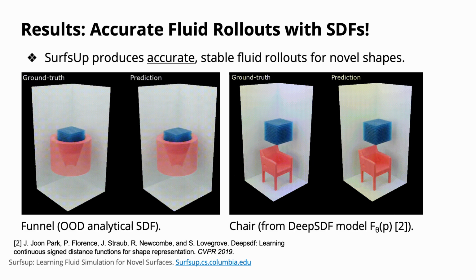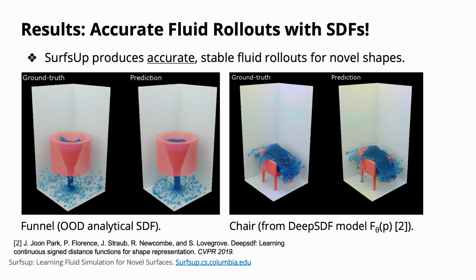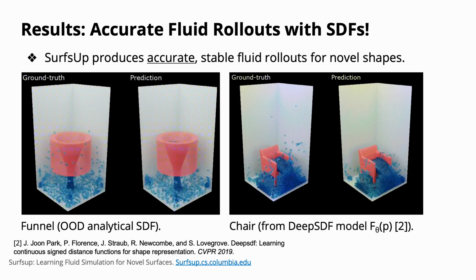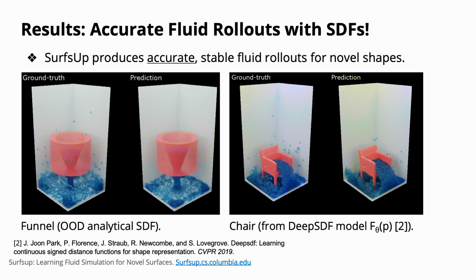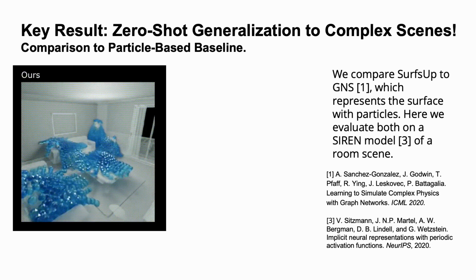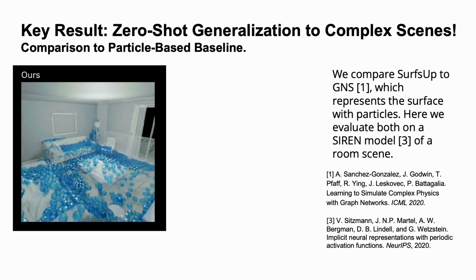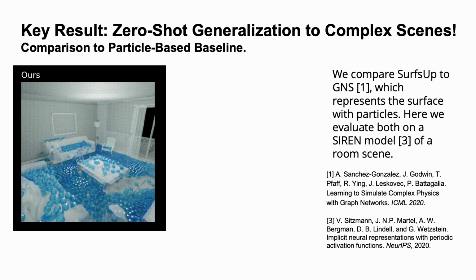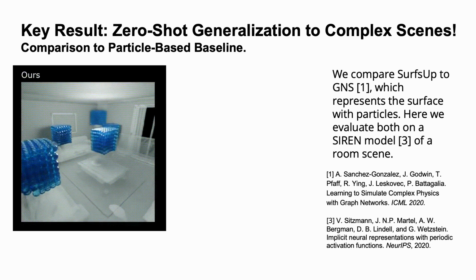So, results. SurfsUP is able to produce accurate, stable fluid rollouts for novel shapes represented as SDFs, and you can see here that our simulator has high fidelity to the ground truth. A key result is that we're able to generalize zero-shot to complex scenes. We see, for example, here that we've trained a neural SDF, a SIREN model, on a room scene.